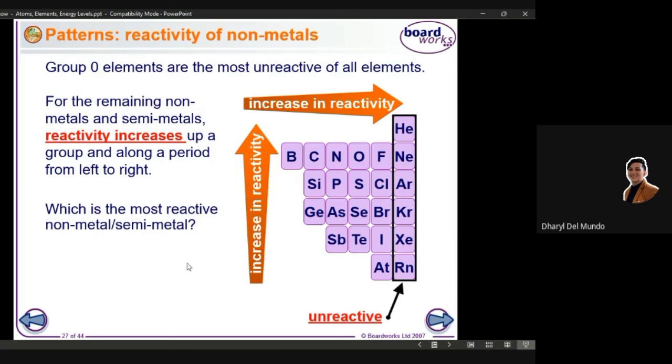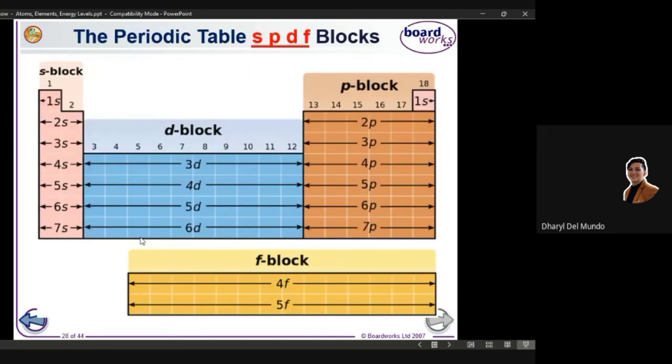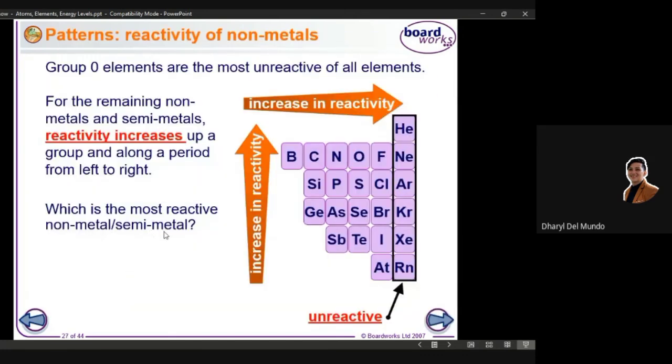All right, and which is the most reactive non-metal or semi-metal? On this part, the most reactive semi-metal is boron and fluorine for the non-metals. Okay, that is only for the metalloids and non-metals class, ha?